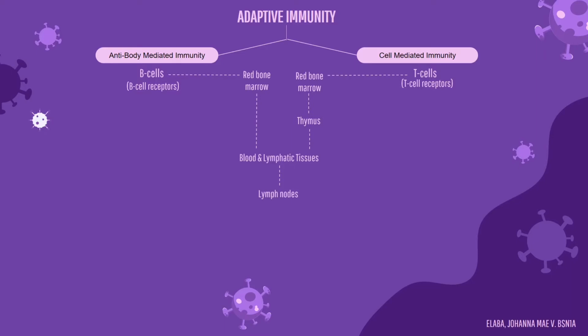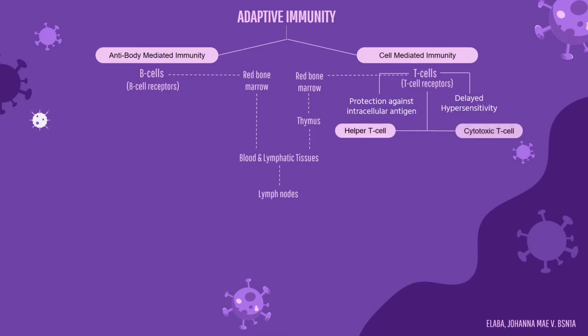Now let's discuss the T cells. The T cells are the protection against intracellular antigens. It is the delayed hypersensitivity. It has two different kinds, the helper T cell and the cytotoxic T cell.